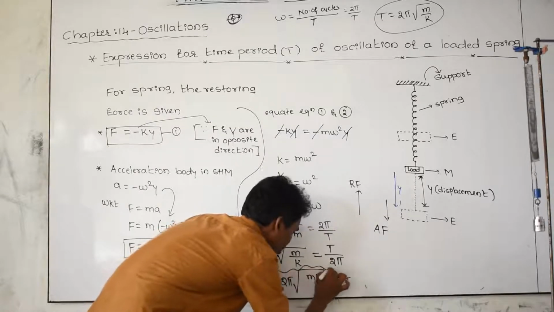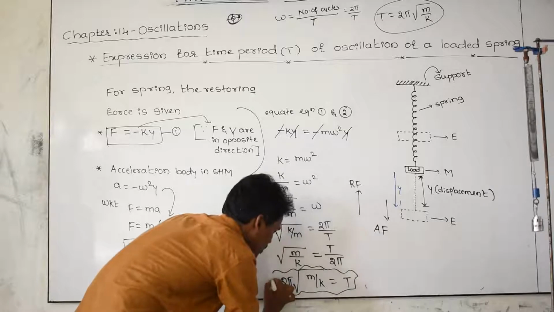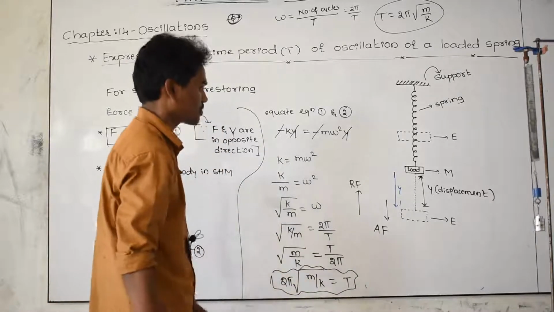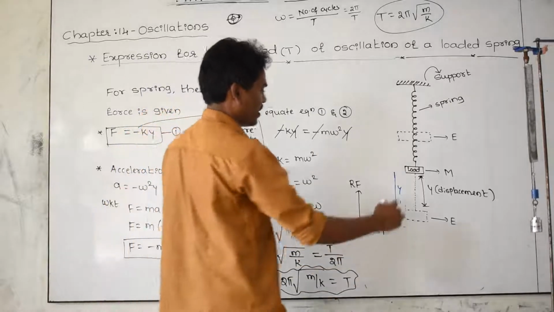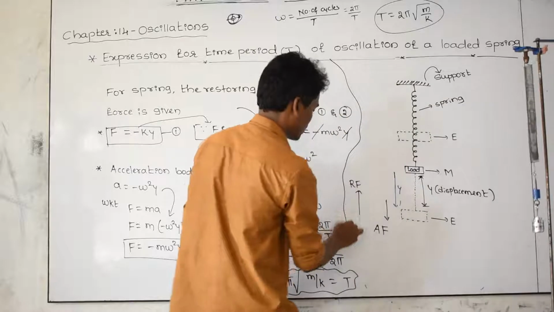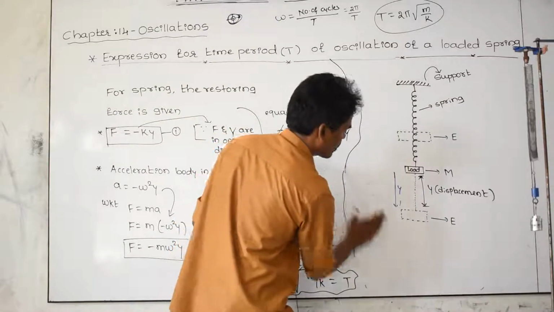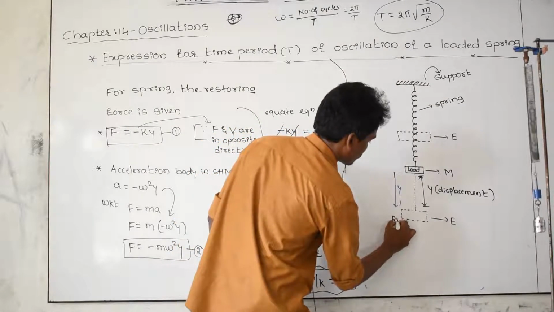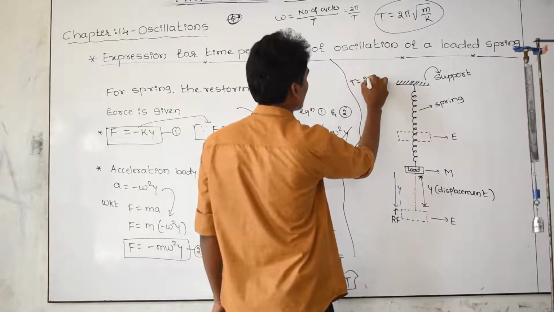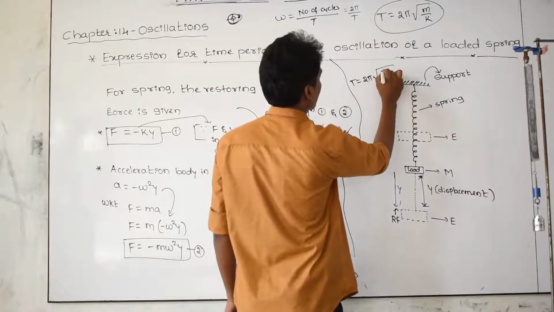Finally you are getting the equation t is equal to 2 pi root of m by k.